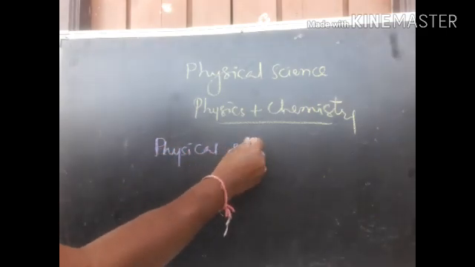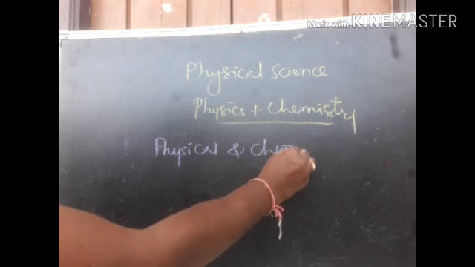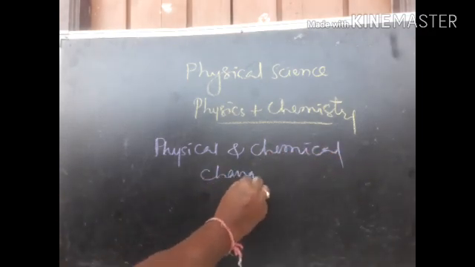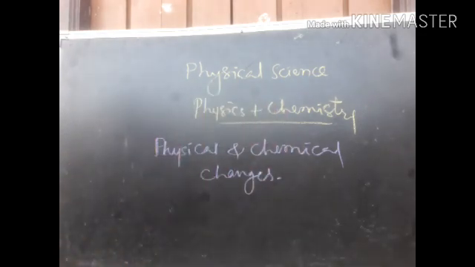Physical and chemical changes. Right. So it is a very interesting topic, a very easy topic, and also a very important topic. Physical changes and chemical changes take place around us.